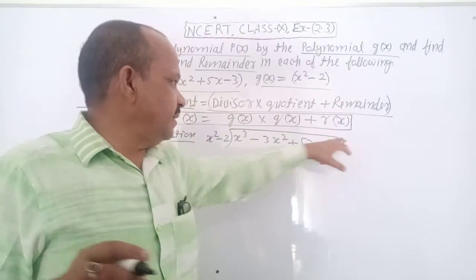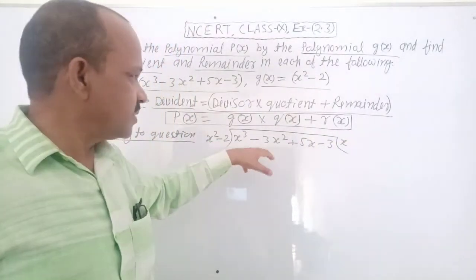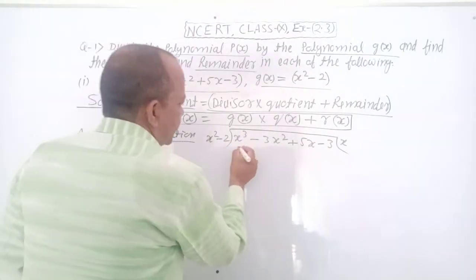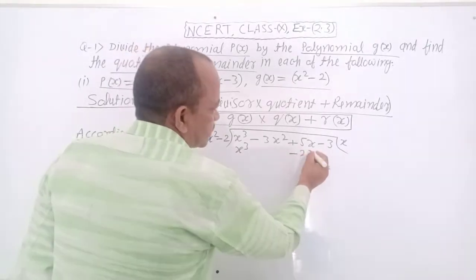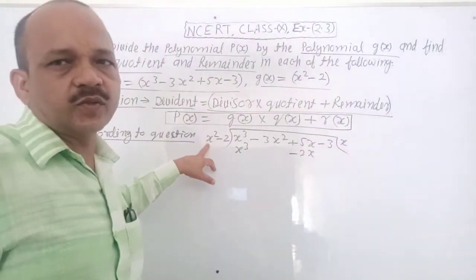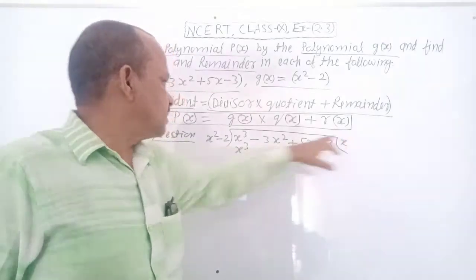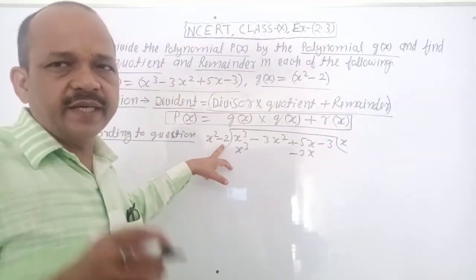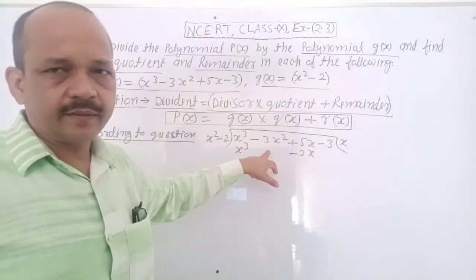You multiply x and minus 2, it becomes minus 2x. So you write x cube and here minus 2x.